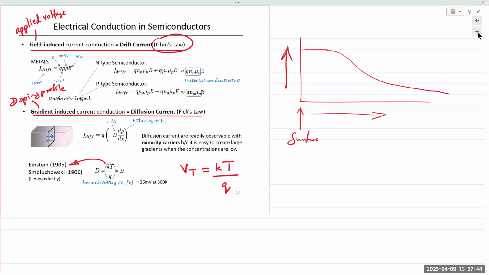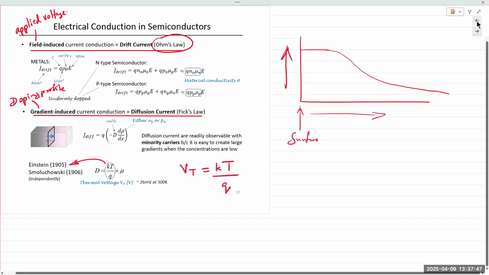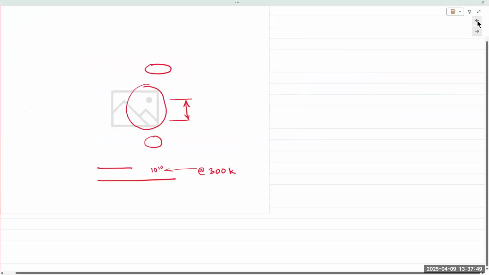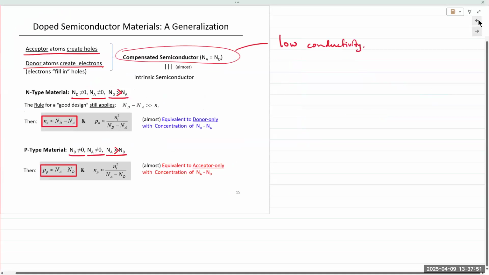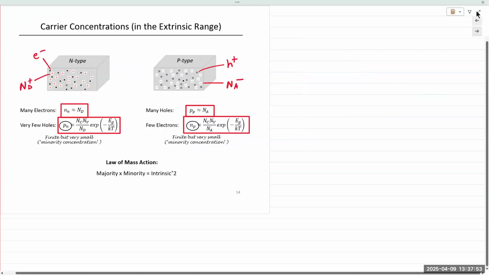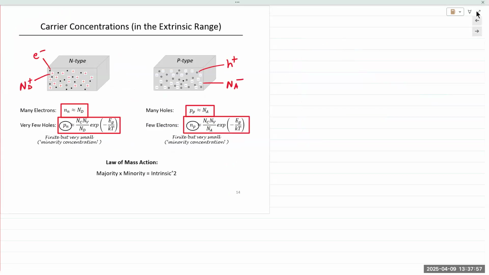All right. So now let's go back to this slide. So here we were talking about how, before we introduce any external dopants in our semiconductor material, there are intrinsically generated electrons.